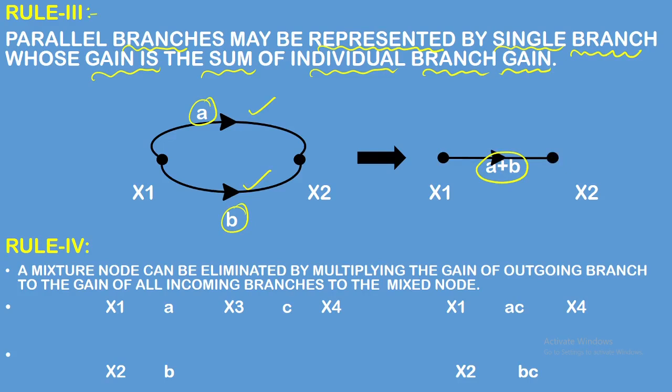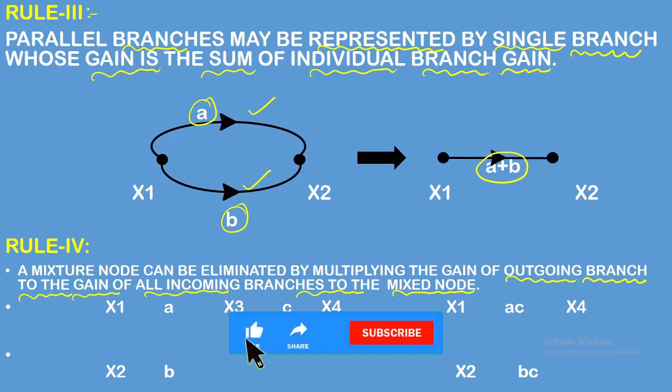Then rule 4: a mixed node can be eliminated by multiplying the gain of the outgoing branch to the gain of all incoming branches to the mixed node.